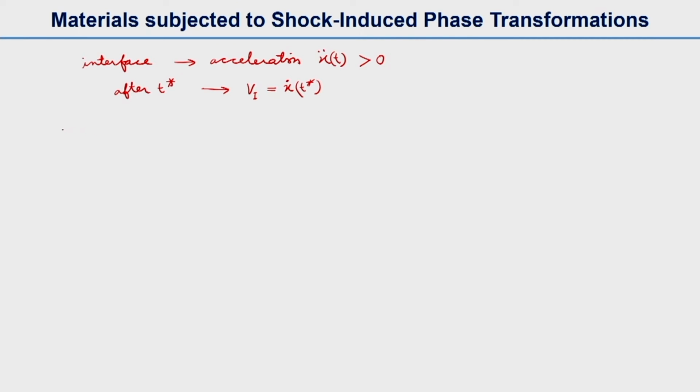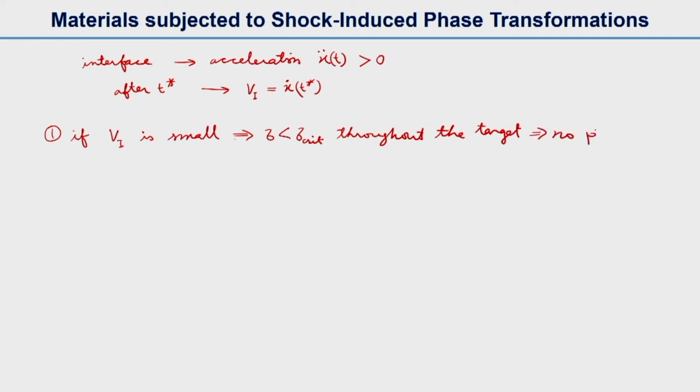For this, we have, let us say, 3 cases here. If Vi is small, or we can call it sufficiently small, then this means sigma is smaller than a critical value, sigma critical, throughout the target, and that means no phase transformation.